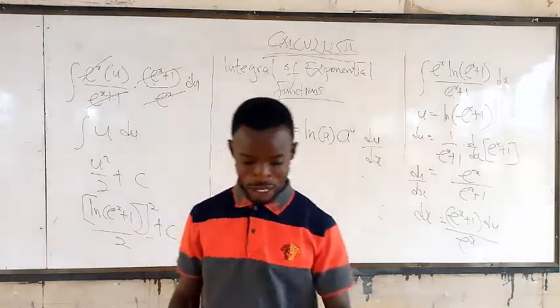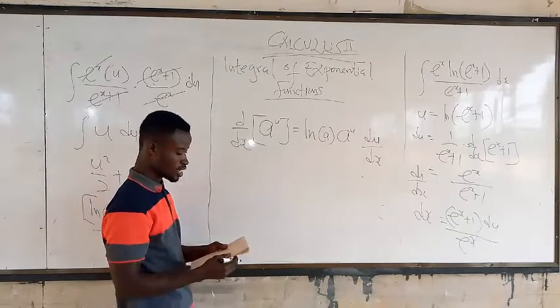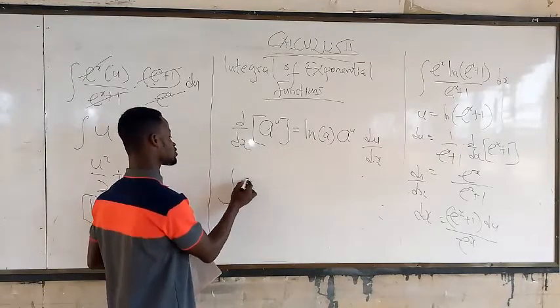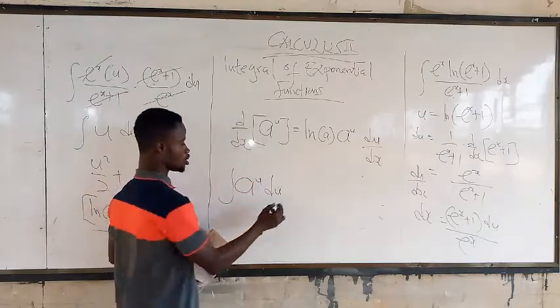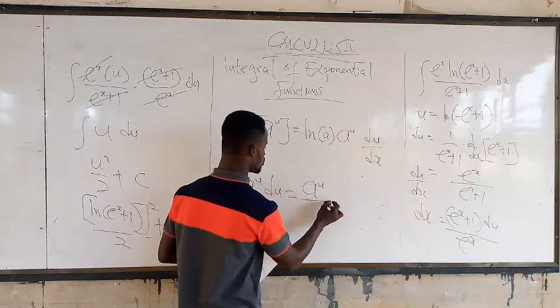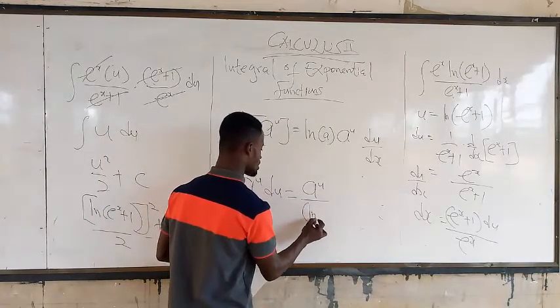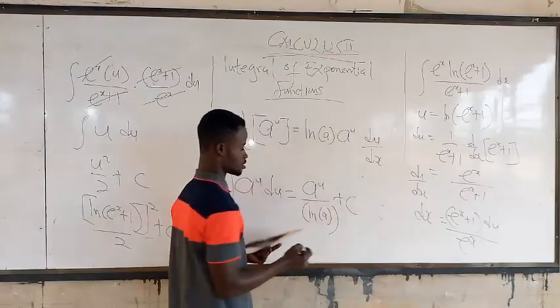Alright. It's a reverse process. So now in integration, this is in differentiation. In integration, if we integrate a^u du, we end up getting a^u over ln a plus c.